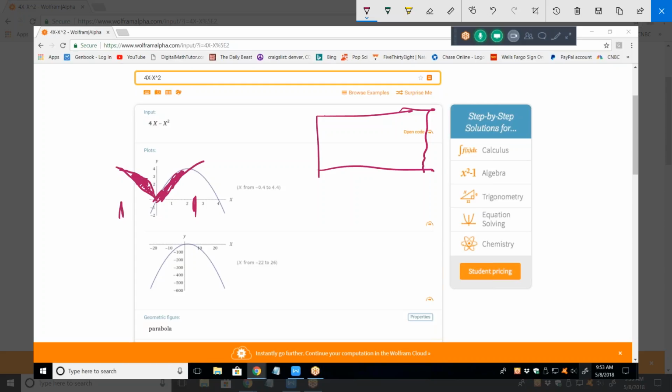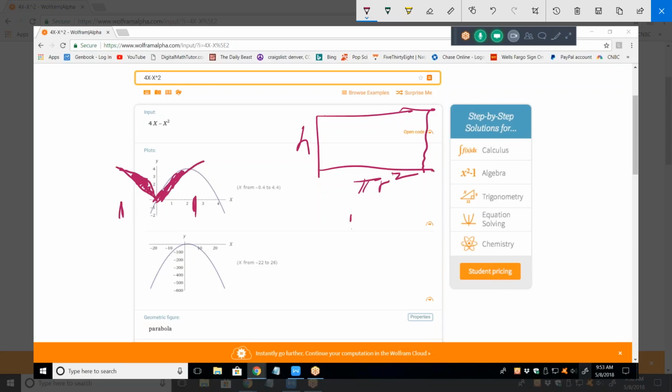Boy, hold on a second. It's been a while since I've done cylindrical shells. Let's see, what is the volume of each shell? It would be the surface area of that dollar bill, which is the width, which happens to be pi r squared, times the height of the dollar bill, times the thickness of the dollar bill, which is dx.